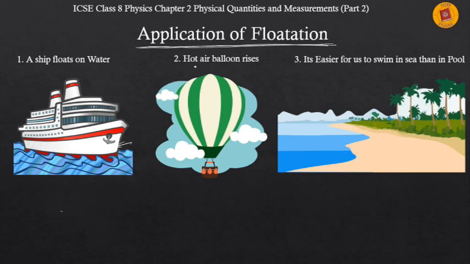Now in the second application, we can take a hot air balloon rises. You have seen, everyone, no? A hot air balloon rises in air. In this case, the fluid is air. Earlier it was water. Now we all know that when air or anything is heated, the density decreases.